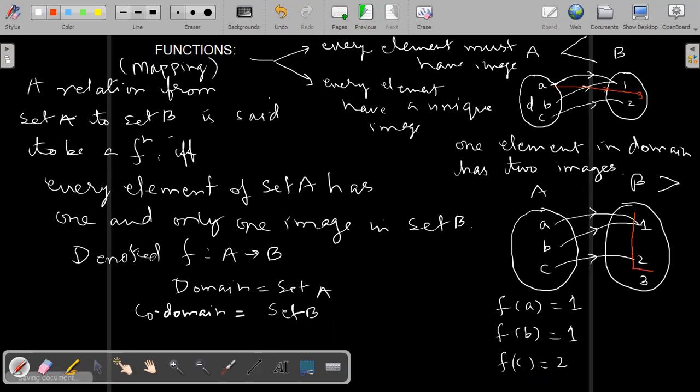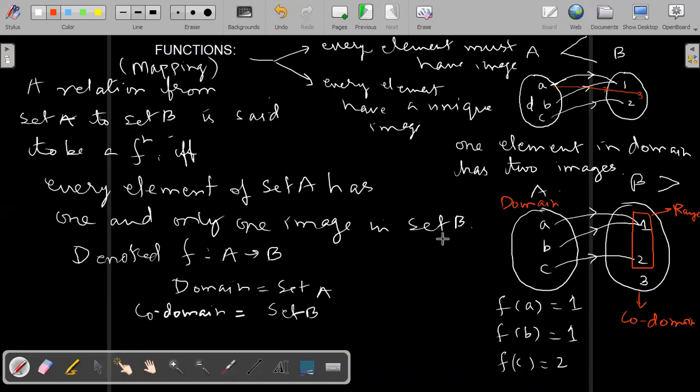This is the range of the function. And 1 to 3, if you add, this is the codomain. Set B is the codomain, and set A is the domain. So codomain can be equal to range or not equal to range. It depends. On that basis, the name of the function becomes onto and into.